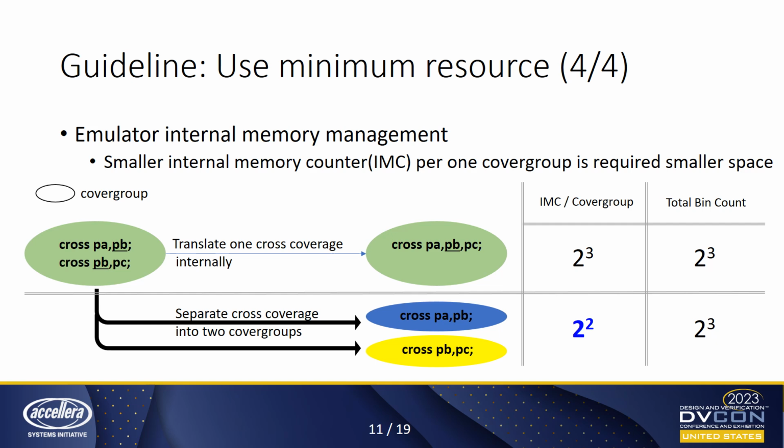However, if we separate the cross coverage into 2 different cover groups, each cover group needs only 4 internal memory counters. So separating the cross coverage can use less emulator resource.